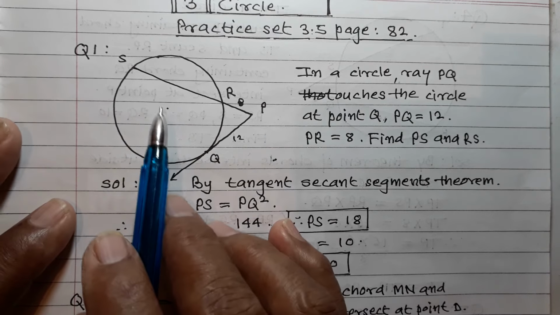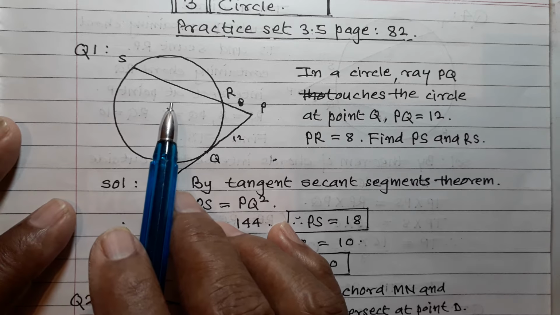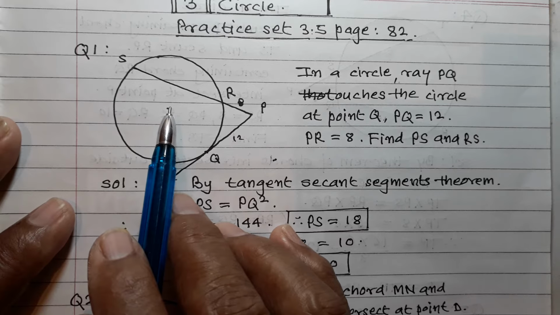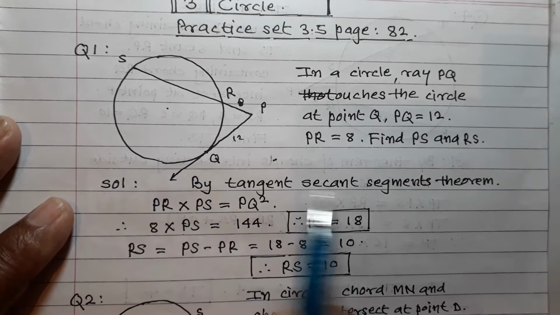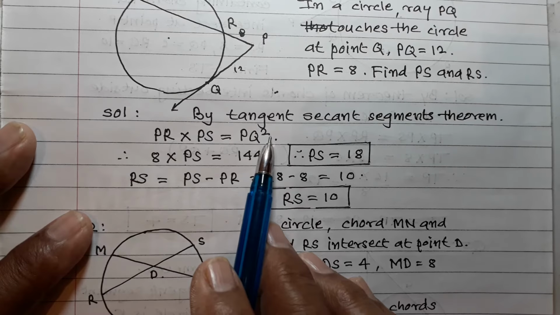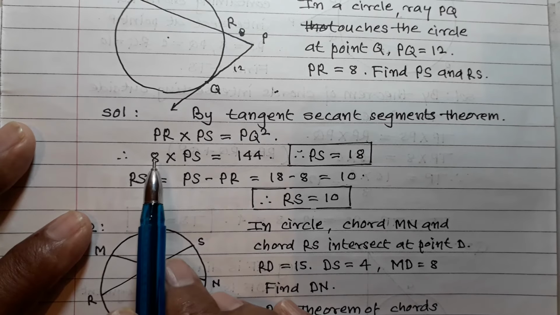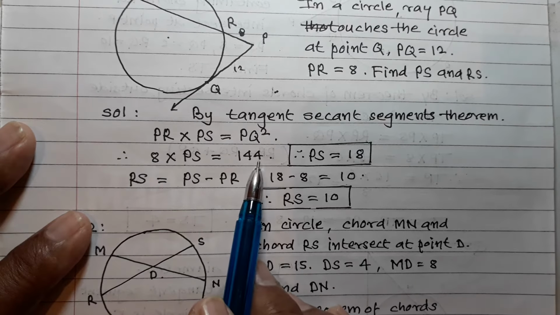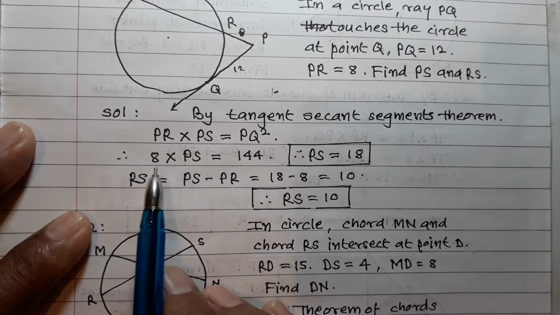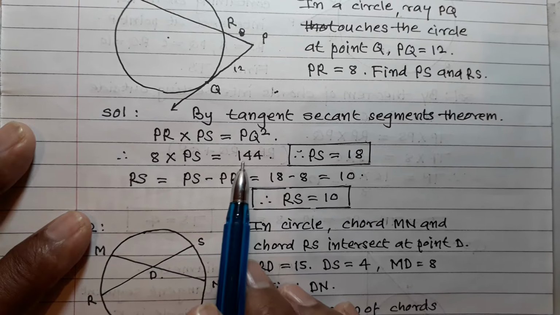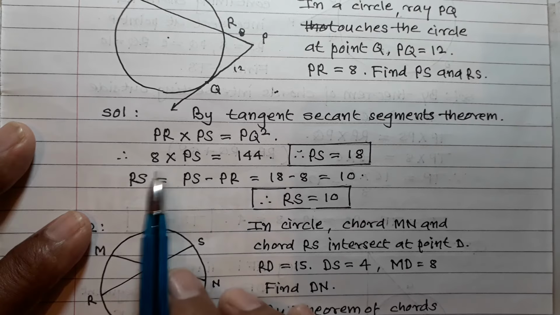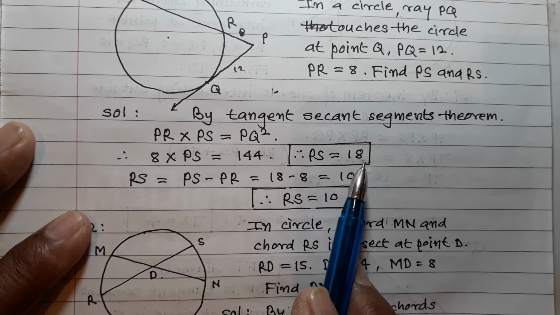So this question is based on the tangent secant segment theorem, so that you write down first. Solution. By tangent secant segment theorem, PR into PS is equal to PQ square, and therefore 8 into PS is equal to 144, and therefore PS is equal to 144 upon 8 is equal to 18.